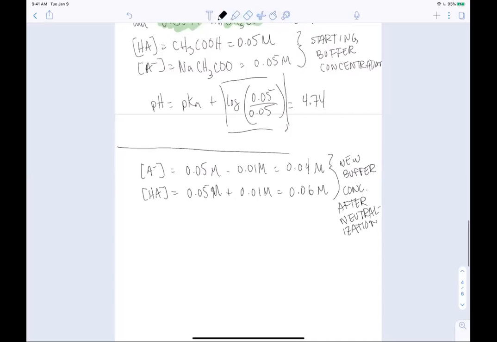Then we just plug those values back into the Henderson-Hasselbalch equation, and we see that the pH is equal to 4.74 plus the log of 0.04 over 0.06.